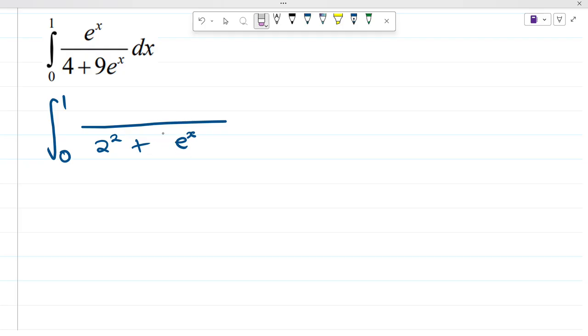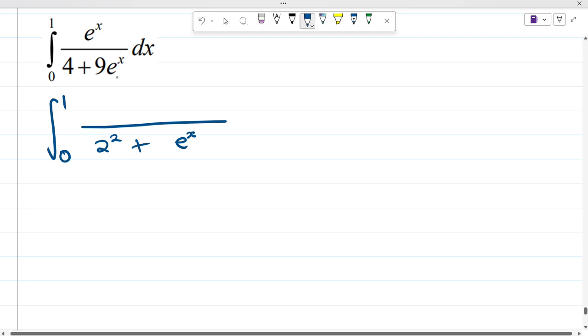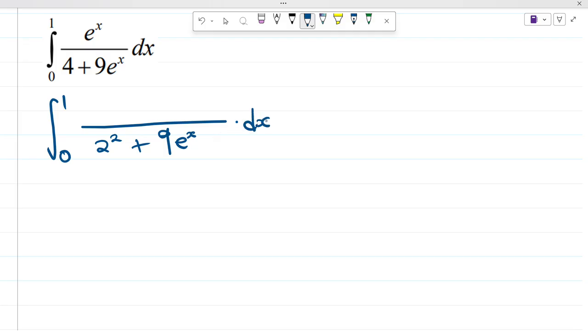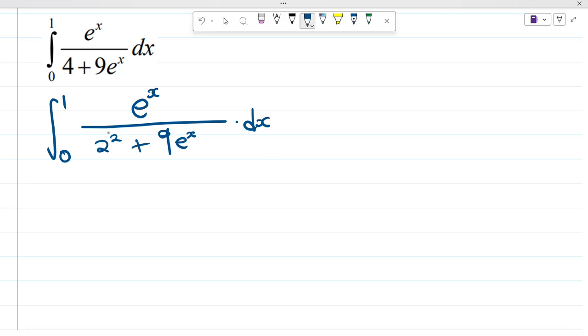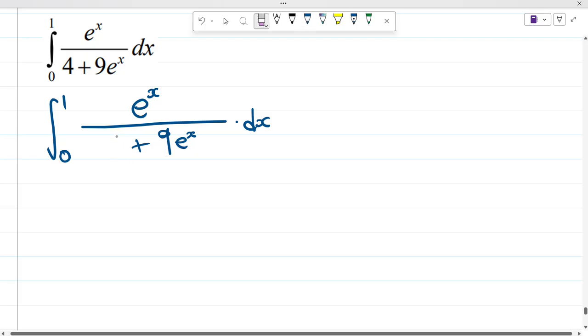I'm realizing that here we don't have e to the power 2x, so it's not gonna be tan inverse. Let's just solve it using another approach.